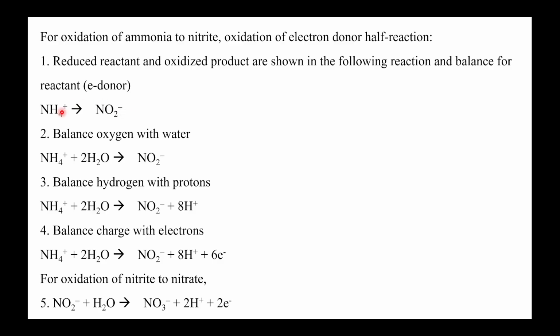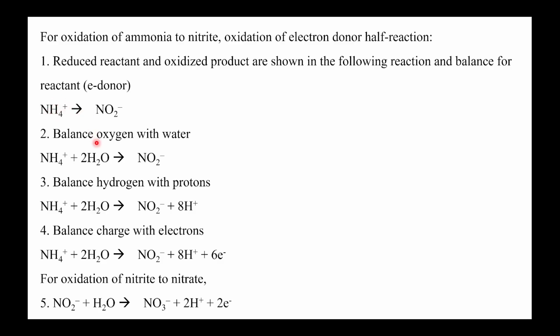How do we know how many electrons are involved in this? We'll have to first balance this equation. For balancing, first we'll balance the oxygen. Here we have NH4 plus and here we have NO2 minus, right? Now, how many oxygens are there on the right hand side? On the right hand side we have 2 oxygen, and on the left hand side we don't have any oxygen.